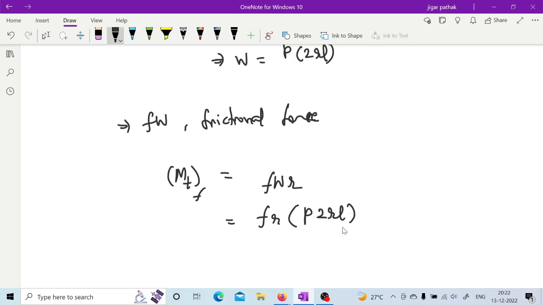So if we further simplify, then it is F into P into 2R square L.